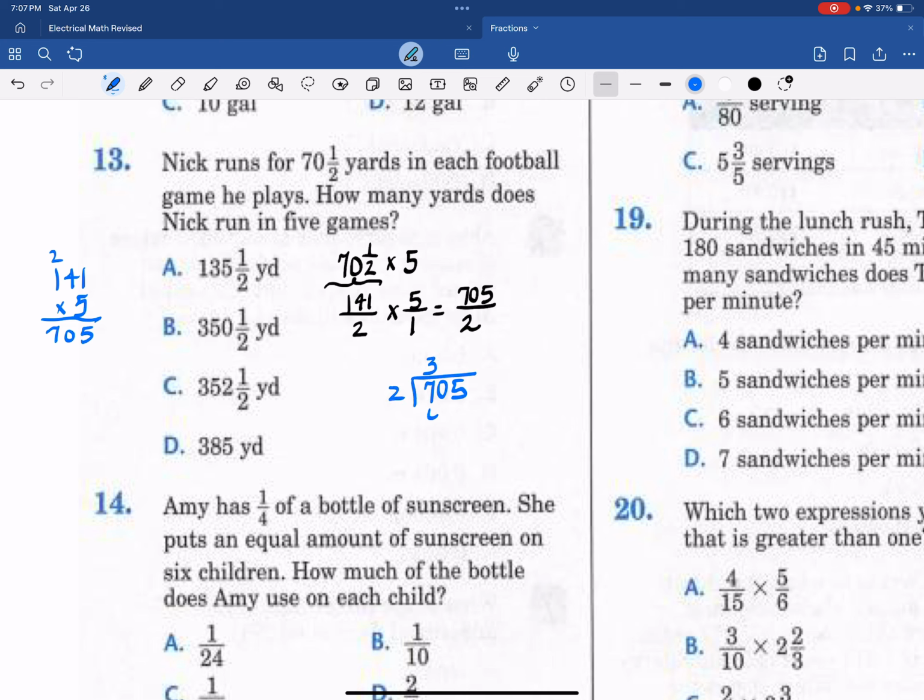And that'll be 352, remainder 1. So 352.5 is C. Again, you could work that as a decimal if you wanted to.